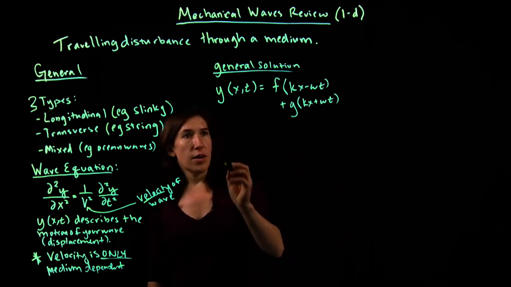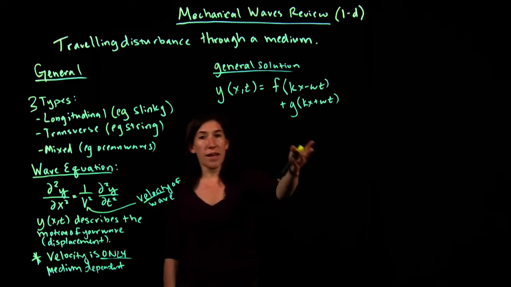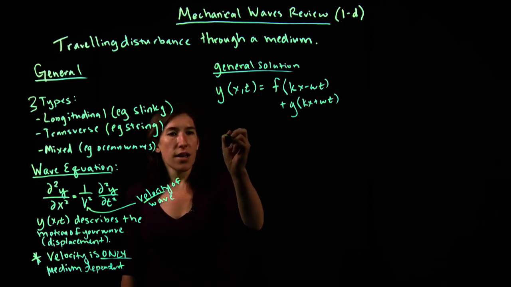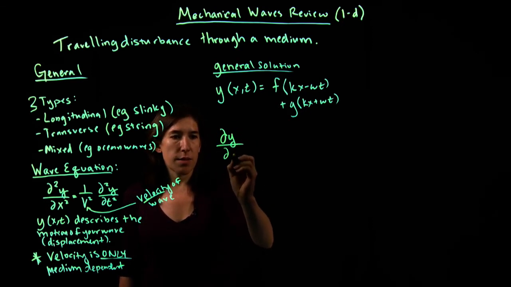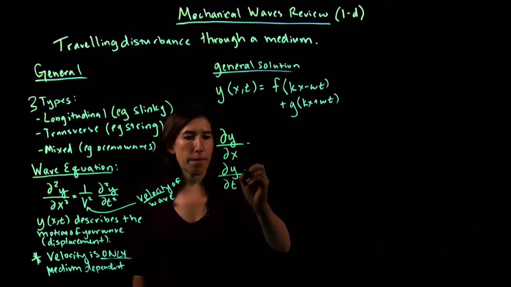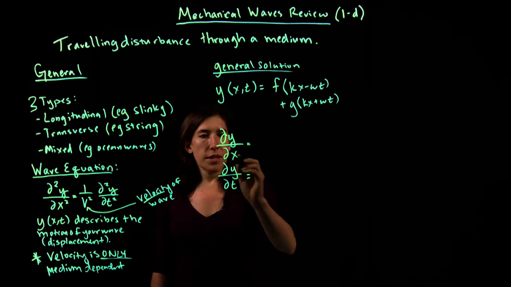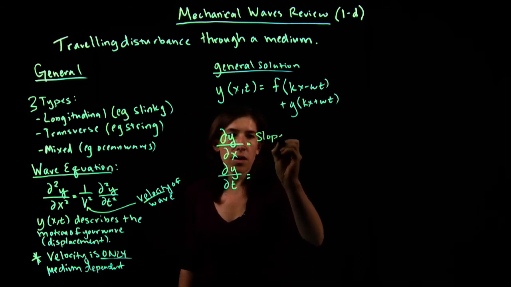All right, so the other general properties of waves. We have this multivariable function, so we could consider taking partial derivatives of it. We could take the partial derivative of the displacement with respect to x, or with respect to time. If you take it with respect to position, this gives the slope of the waveform.